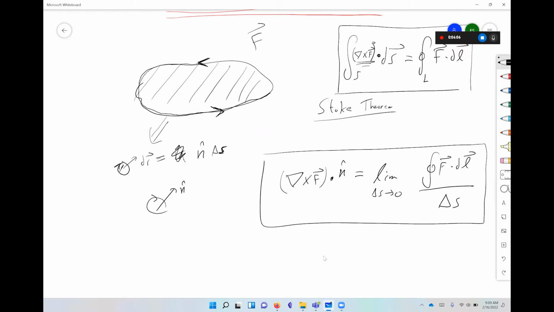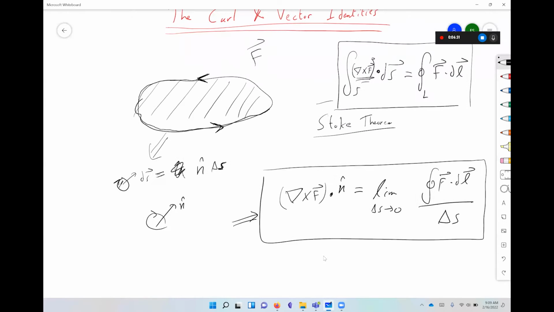And we can use this to derive formulas for the curl that are dependent on the coordinate system. If we label everything in space using a coordinate system and we have our basis vectors at every point, we can calculate the curl at every point using a formula that we can derive from this definition. It's a matter of choice. I like to think of Stokes theorem as the fundamental property, and then you derive the definition of the curl from Stokes theorem.